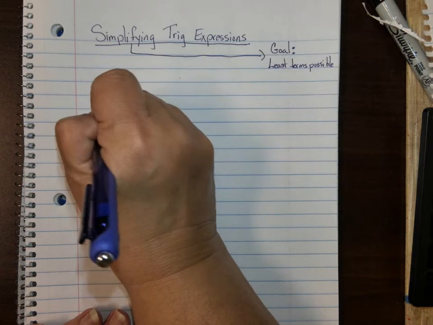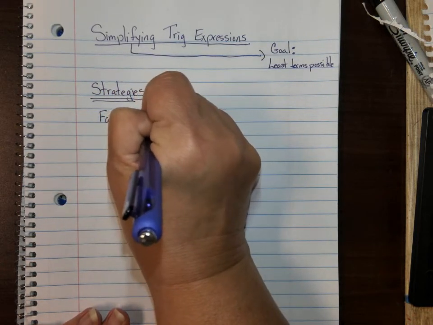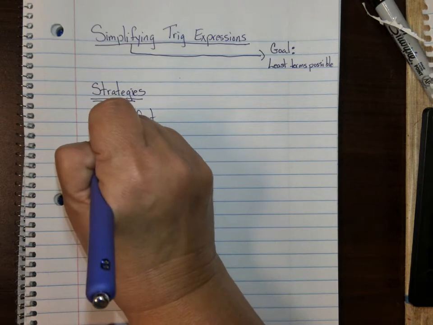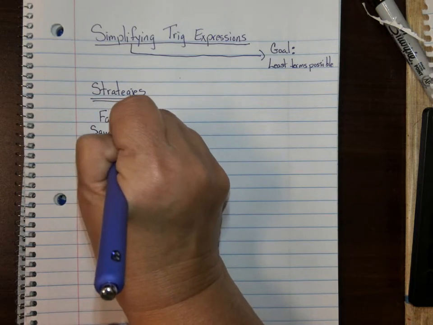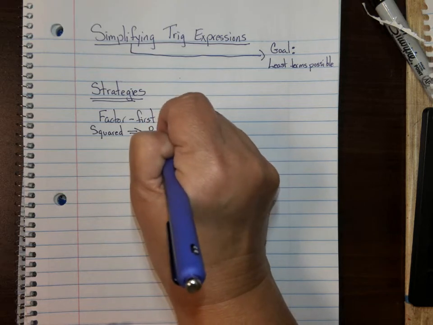So factor, and if you can, factor first, if that's possible. When you see that some things are squared, you want your brain to think about the Pythagorean identities.